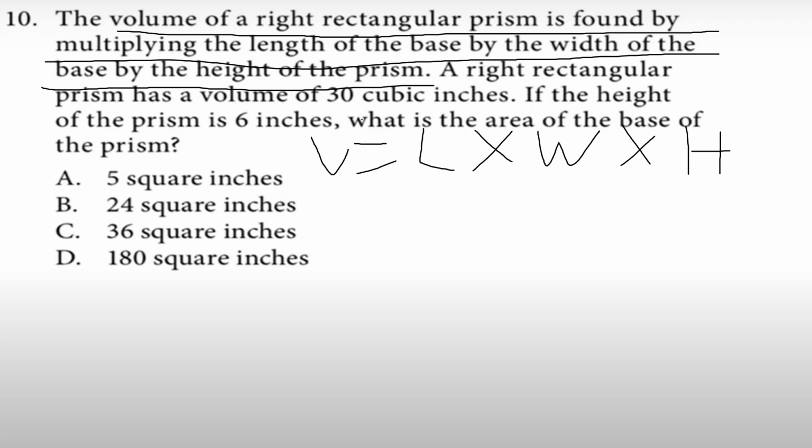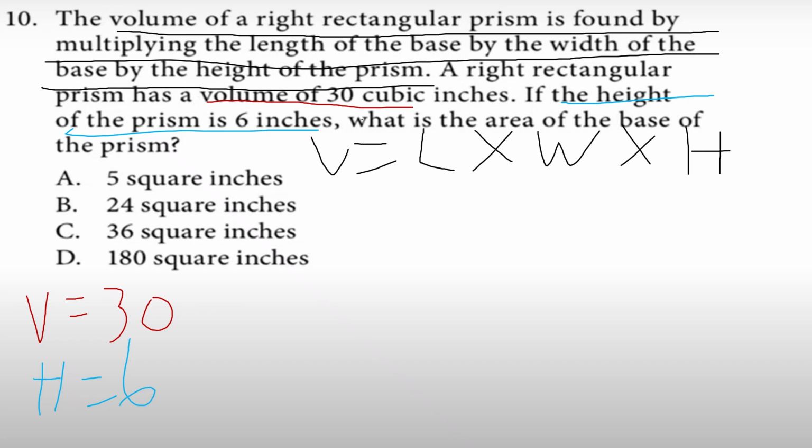And we're going to put on the side some of the numbers it's given us. It already tells us that the volume, V, is equal to 30. And does it give us a height? It tells us the height of the prism is 6 inches. So we know H is 6.